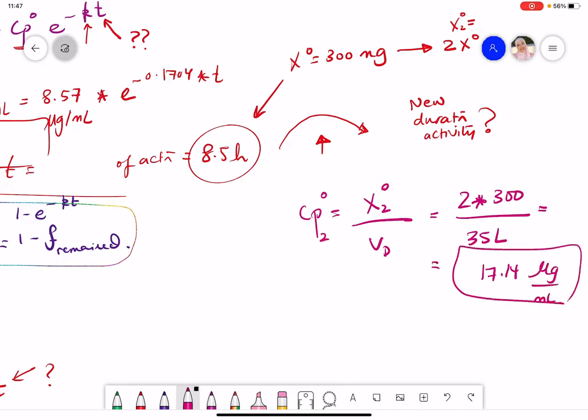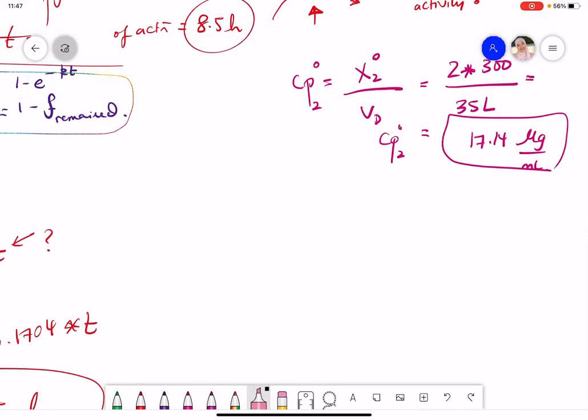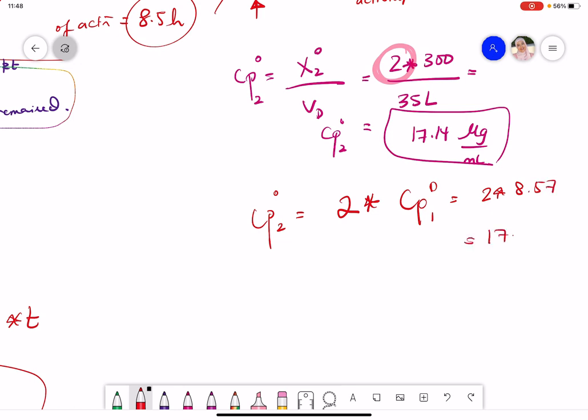Or, without doing that, because the only change is in the dose, we can say that C_B naught 2 equals 2 multiplied by your old C_B naught, 8.57, which again equals 17.4 microgram per milliliter.